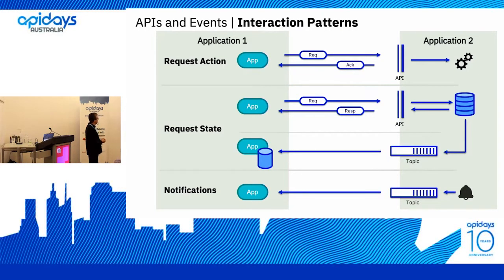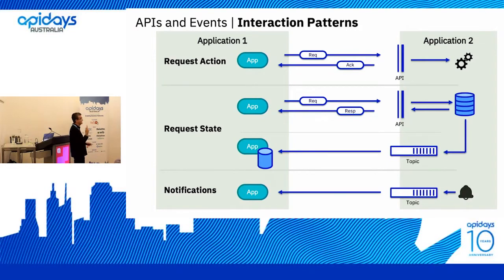So I want to know when things change, and so that request state can be pushed rather than pulled from that application, and we can even keep a cache of that. You can see on the left-hand side there's a little cylinder that represents a cache of events. I can query that cache instead of querying the application at the back end, and so I can relieve some of the interactions with that back end, which I don't have to govern anymore.